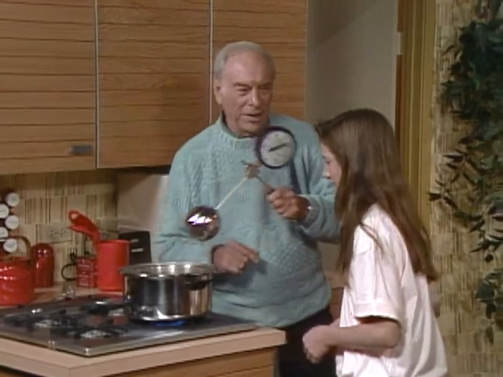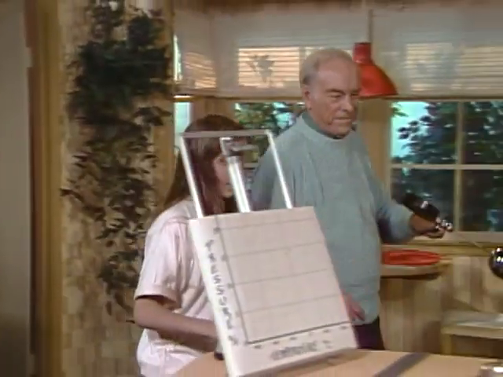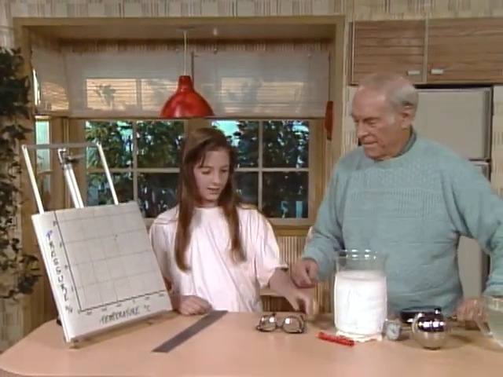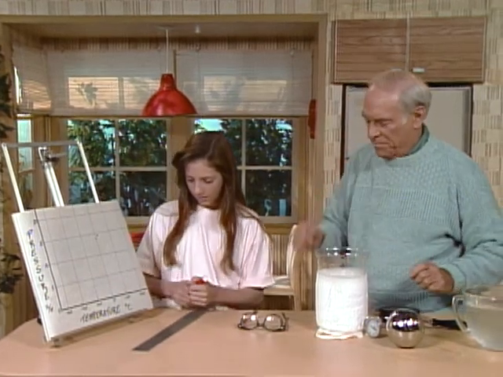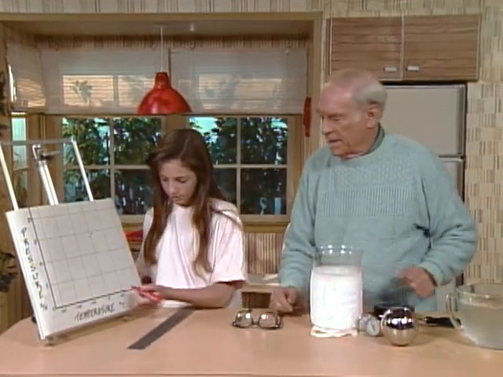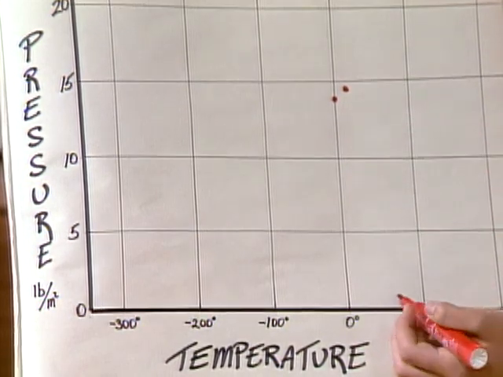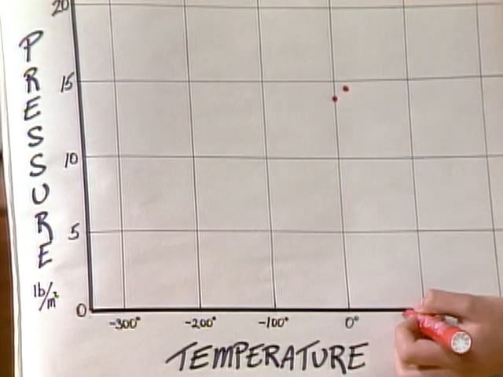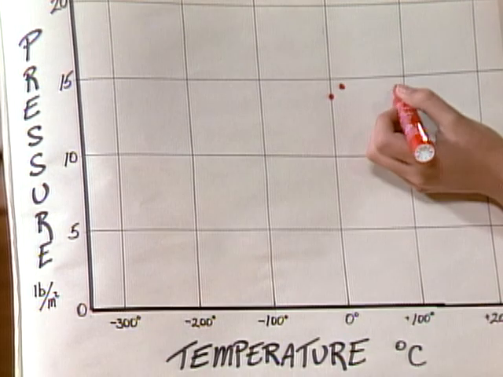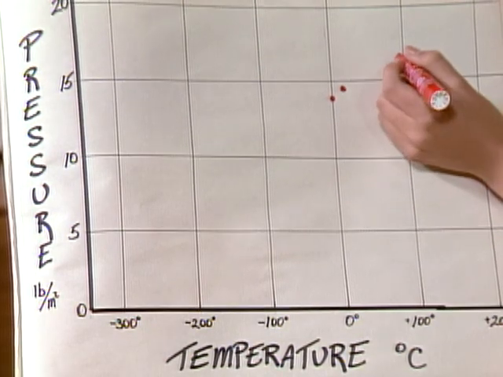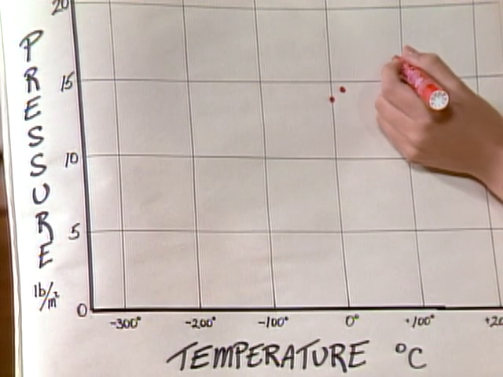So we've got to put that on the chart. So the pressure was 18, and the temperature was 92 or something, you said? Yes. 92 and 18, about like that. Okay.